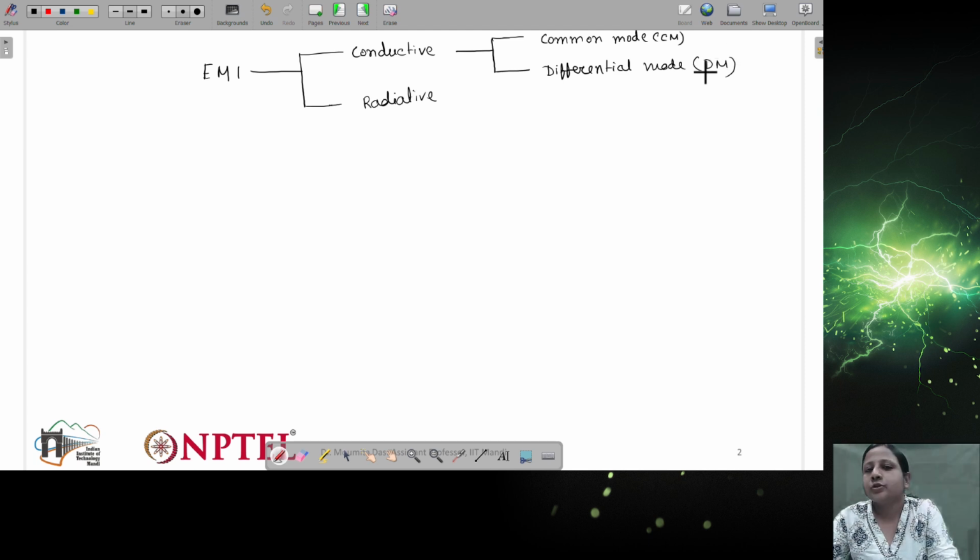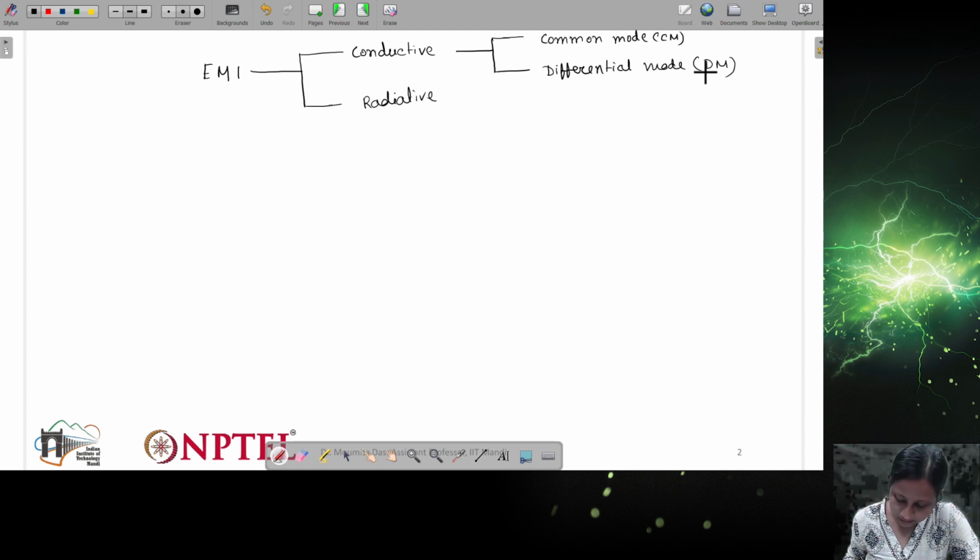In radiative EMI also there are different categories that we have already discussed. But today I'll be focusing on conductive type of EMI and how it comes about.